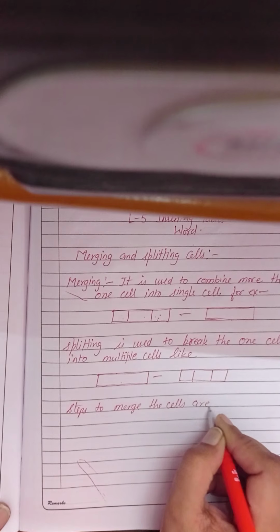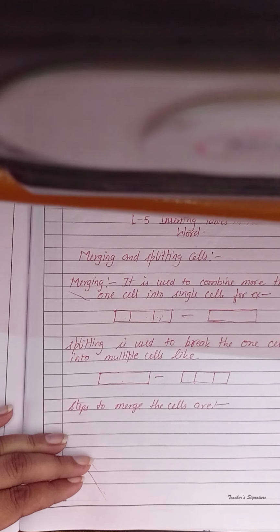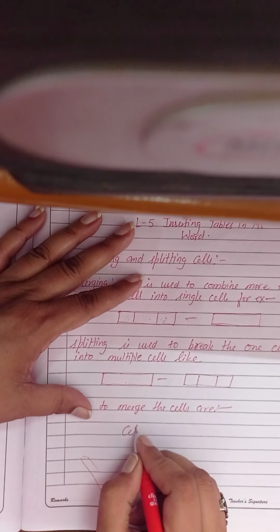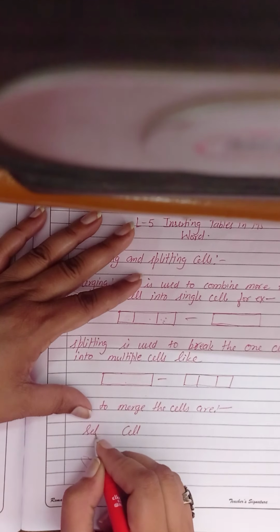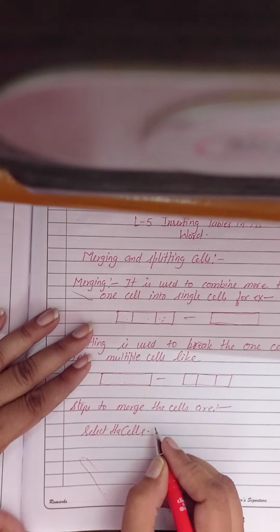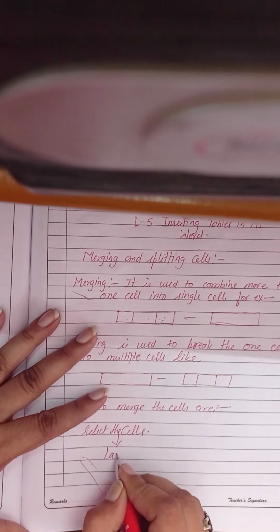First of all, we have to select the cells which have to be merged. After it, go to the layout tab.